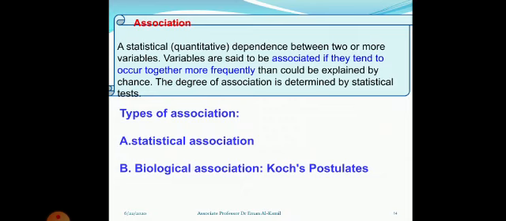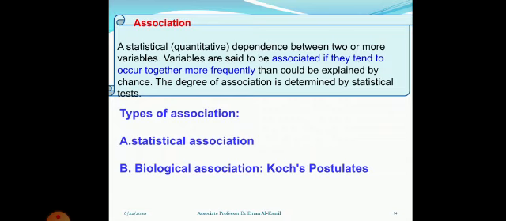Another important term is the association. The association is the relationship, how much this risk factor is associated with this disease. So it is a statistical quantitative dependence between two or more variables. If the individual smokes, he will develop lung cancer, for example.